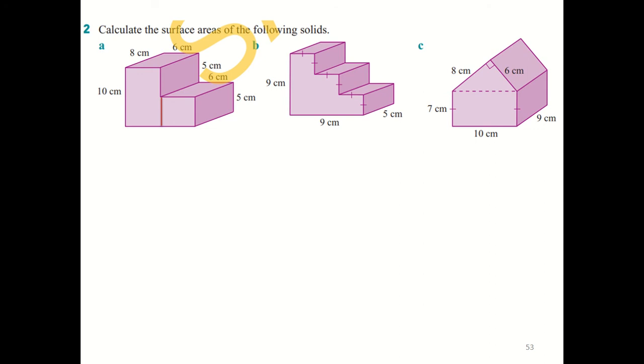Now I will simply calculate the area of each side, and remember, when you calculate the area of a rectangular prism, you will simply use this formula here, which is 2 length times breadth plus 2 length times height plus 2 times breadth times height. So basically this is what is happening here.